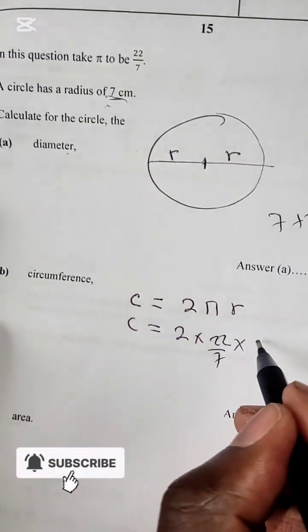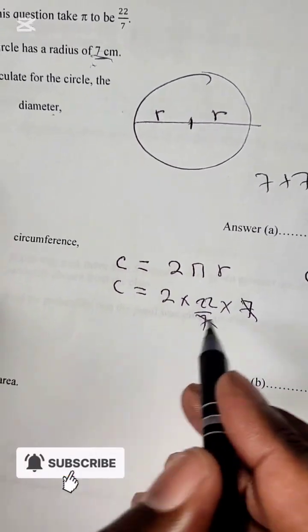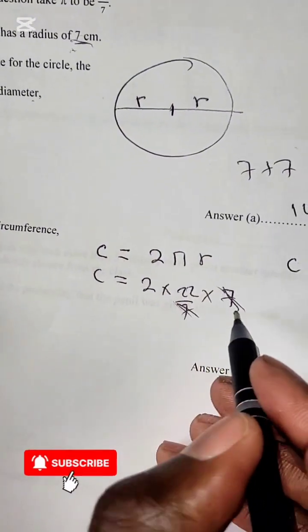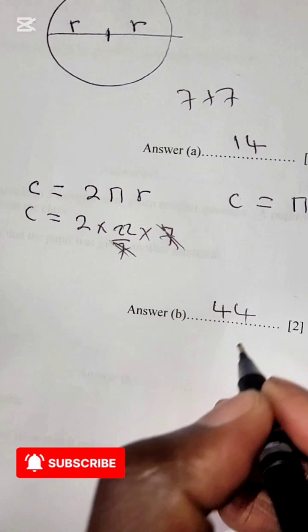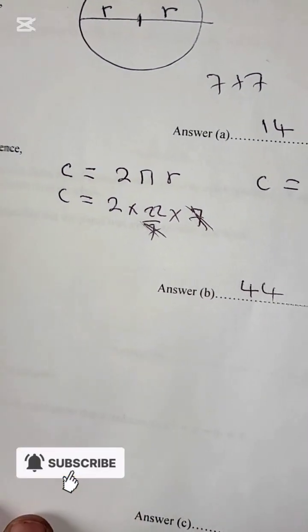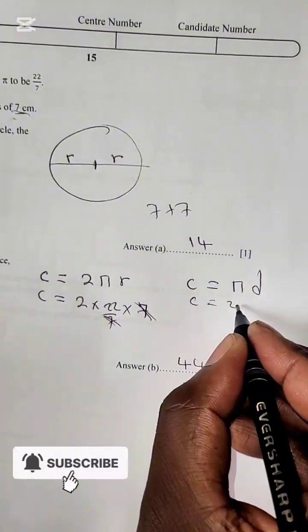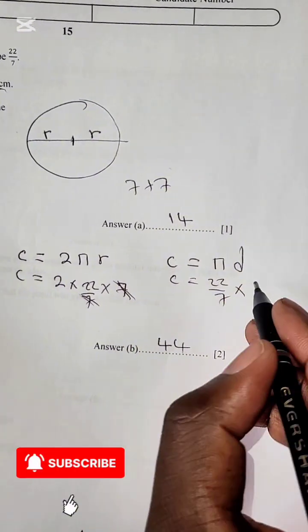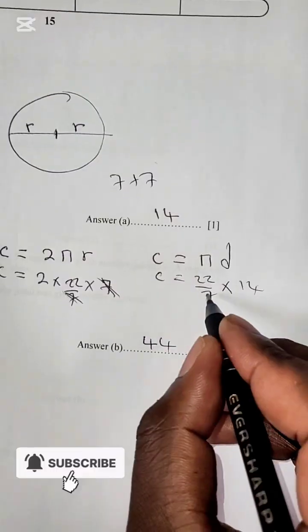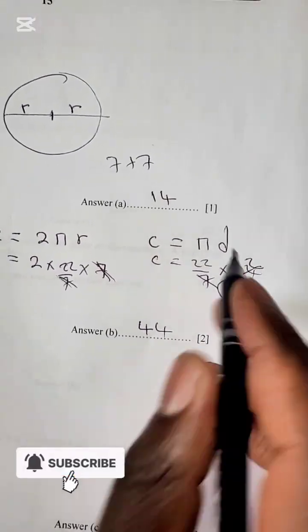Then our radius is 7. So 7 into 7, that's 1. 2 times 22, you get 44. That's the circumference, or you'd say c is equal to 22 over 7 times diameter. Diameter is 14. So 7 into 14, that's 2. 2 times 22, you still get 44.